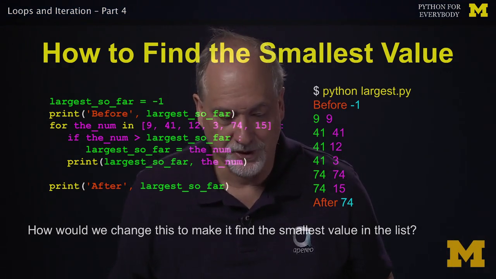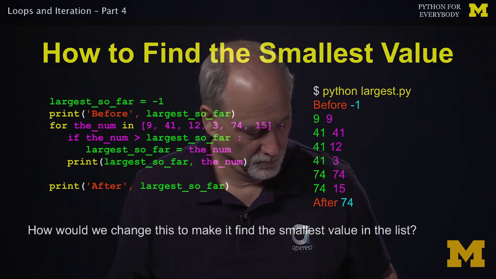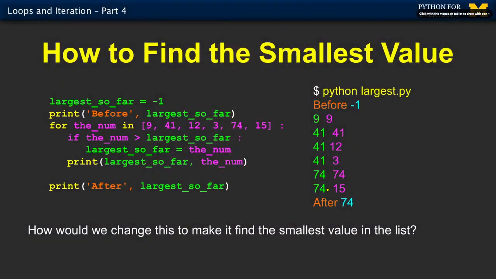Well, there are at least a couple of things you would change, right? The first thing you would do is change this from a greater than sign to a less than sign, and change the word largest to smallest.